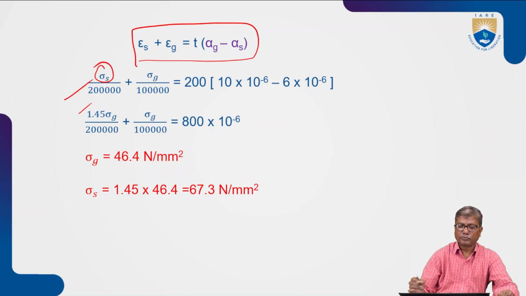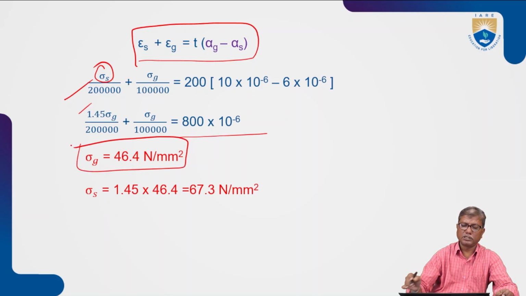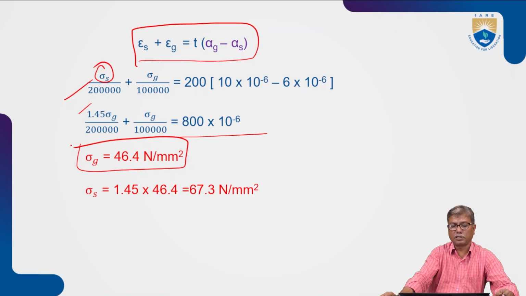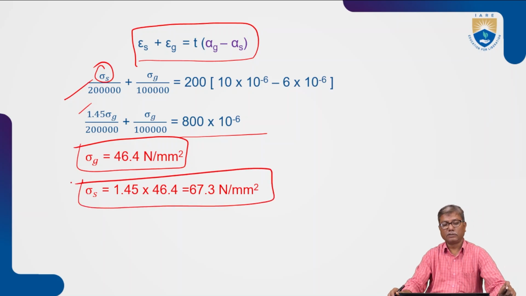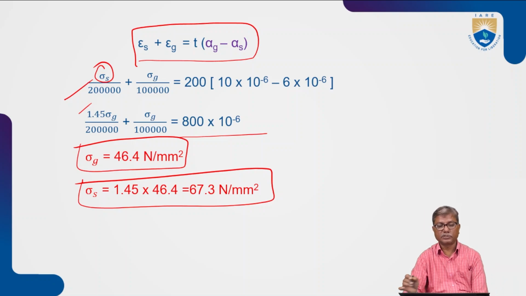Now from this you will get stress in gunmetal rod 46.4 Newton per mm square, and in steel 1.45 times of this 46.4, that is 67.3 Newton per mm square.